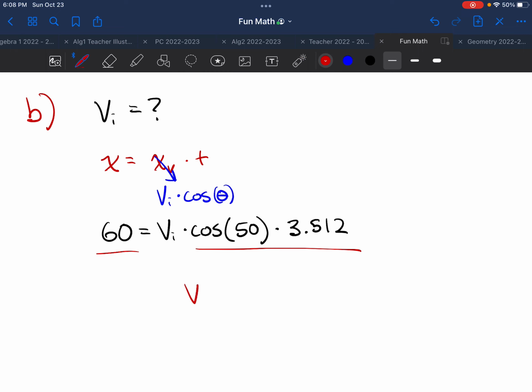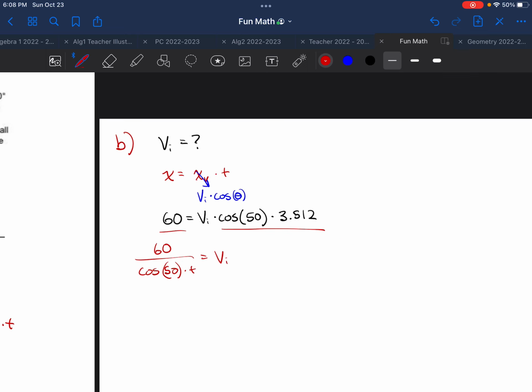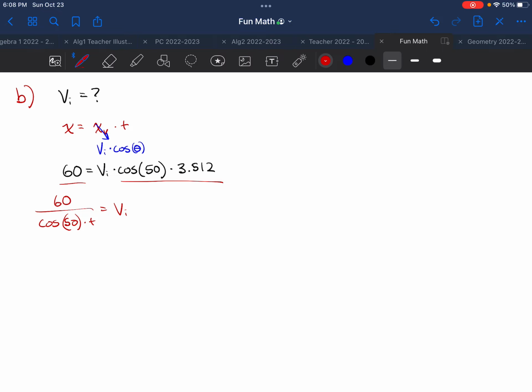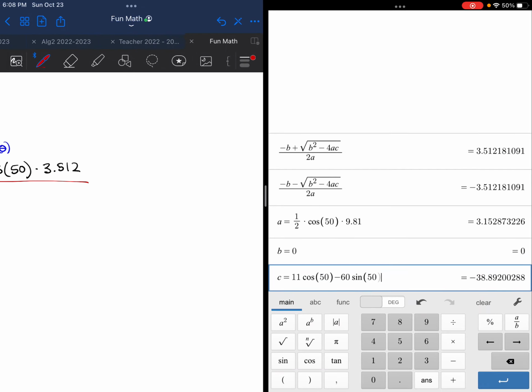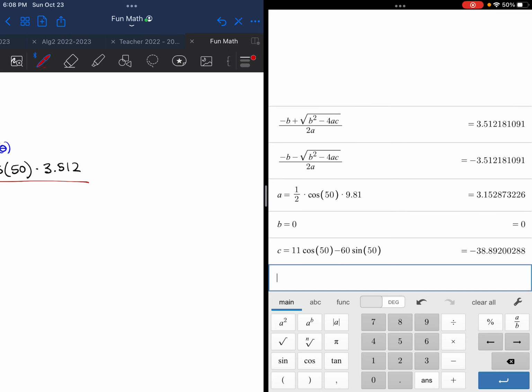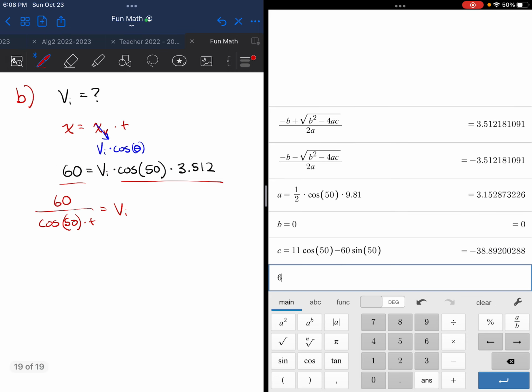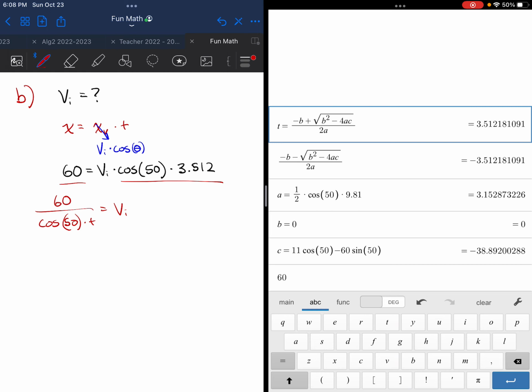So the initial velocity is going to be equal to 60 divided by cosine of 50 times 3.512. I'm going to store the time as a variable t, so t is equal to that value, and we save it.